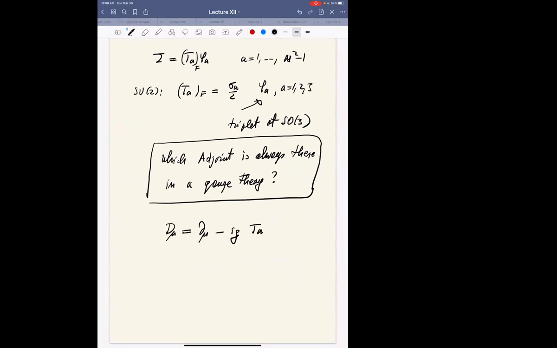How do you write the covariant derivative in any theory? This is an adjoint. Adjoint means adjoint to the generator. Even gauge bosons, not just F mu. People often write A mu.